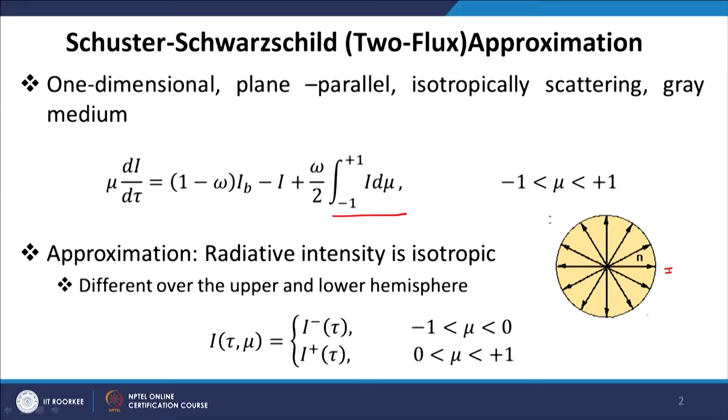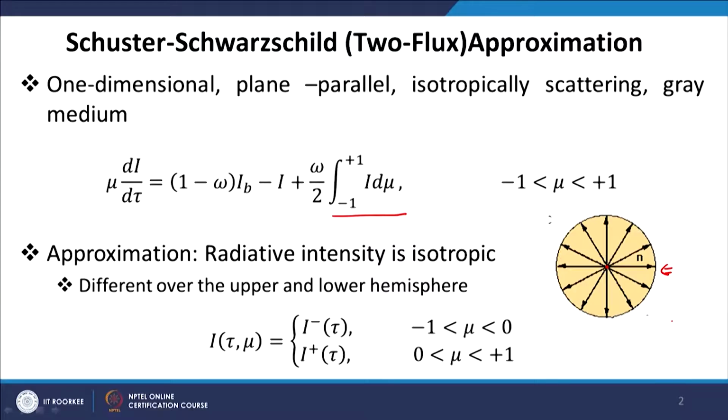So, how does an isotropic intensity look like? As represented by this image, at any point the intensity has the same magnitude in the entire 4 pi solid angle. If this is the case, this is called isotropic intensity. What Schuster and Schwarzschild assumed is that although the intensity is isotropic, it has different magnitudes in the upward and downward directions.